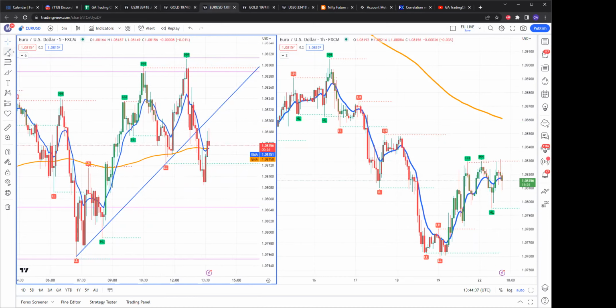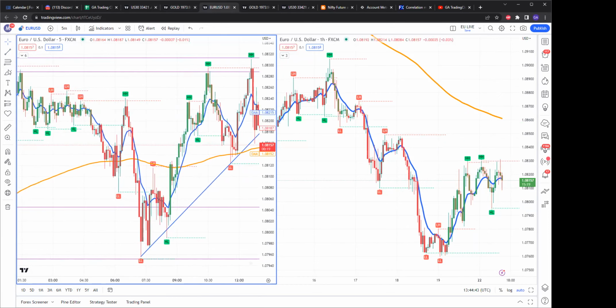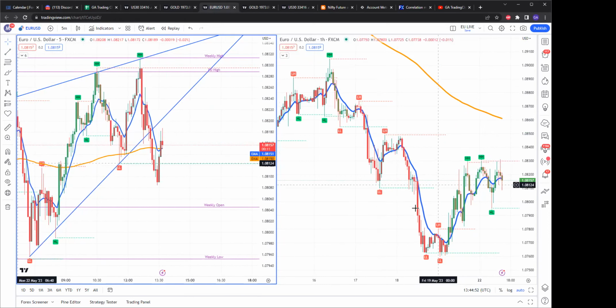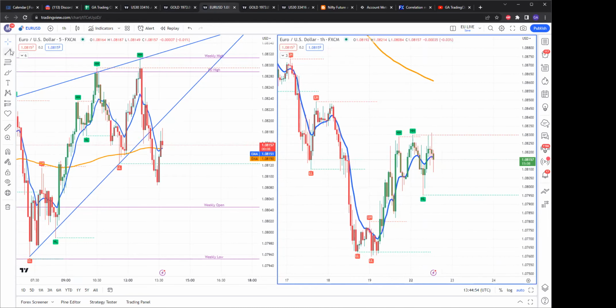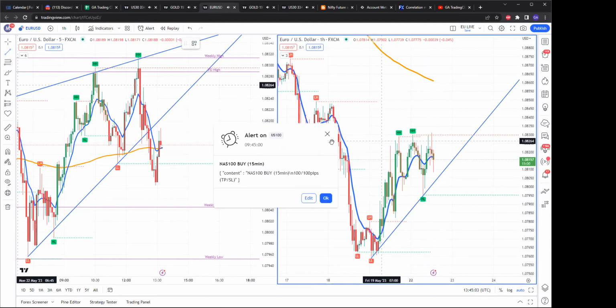For EU, to the upside, there's this static trend line, and this other trend line right here.